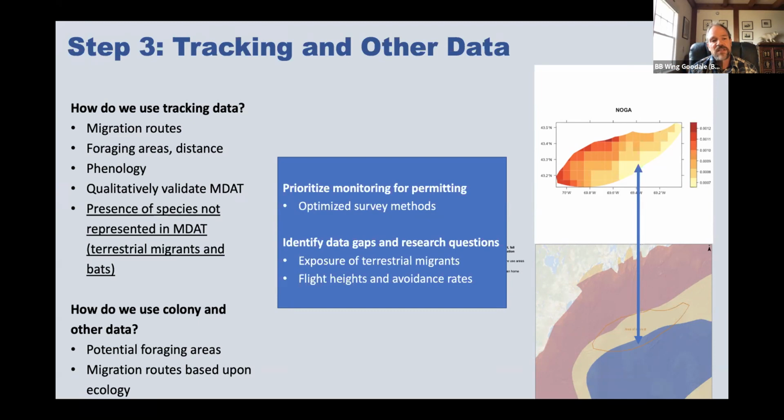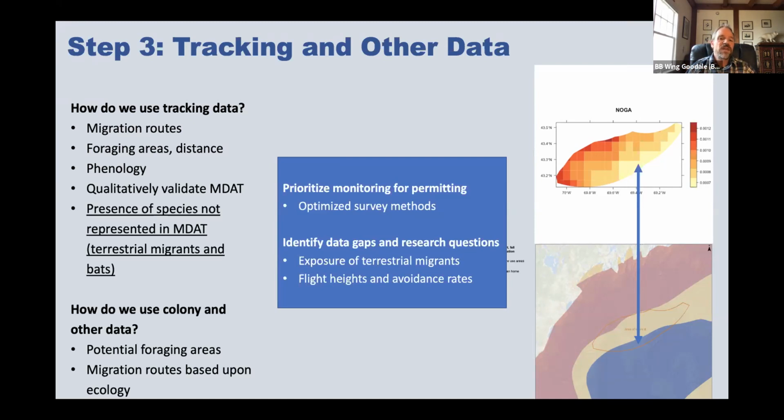For species that are not well represented in the MDAT model, the tracking data and some of the other data sets that we discussed can be really helpful to understand what species are potentially present that aren't necessarily represented in other ways. And we can use that to help prioritize monitoring for permitting. There are a lot of different types of methods that you can use for monitoring, so knowing the species that you think will be there, you can start to tailor what kind of survey effort you're going to do based on those species.